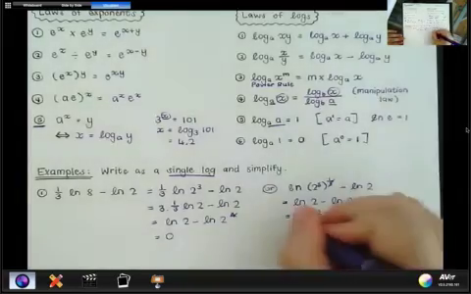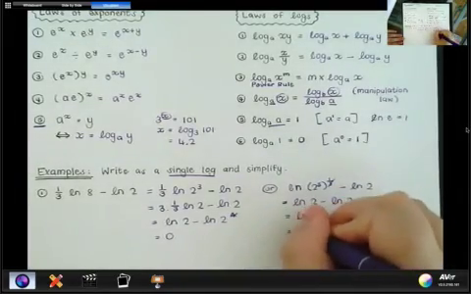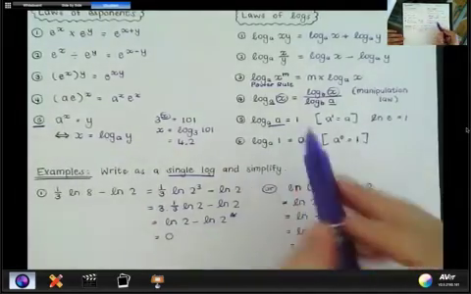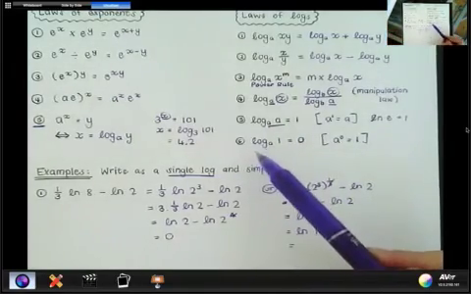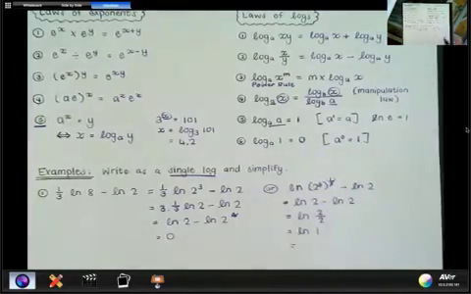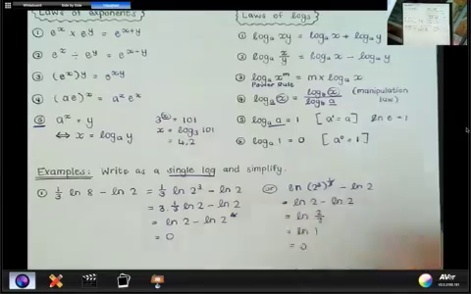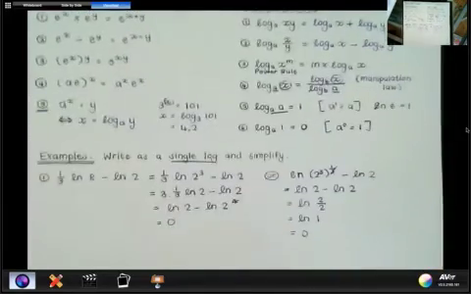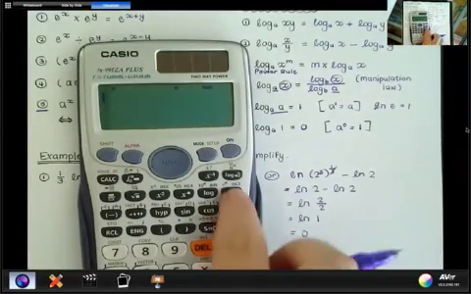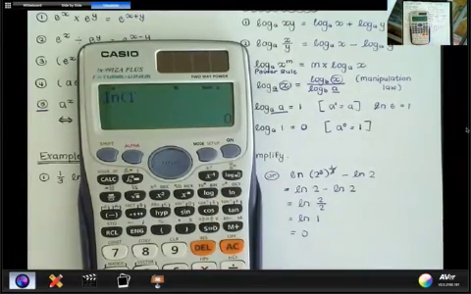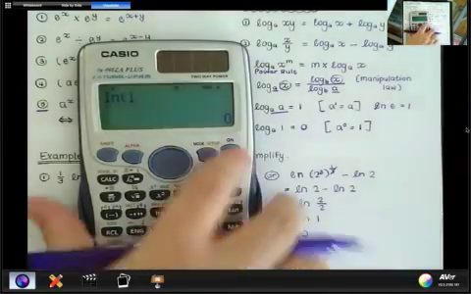So ln of 2 over 2, which is ln of 1, which, if we remember the 6th law there, any log of 1 is equal to 0. And guys, if you forgot that, you can use the button on the calculator and you can literally just say ln of 1 is equal to 0. You will get your answer there.